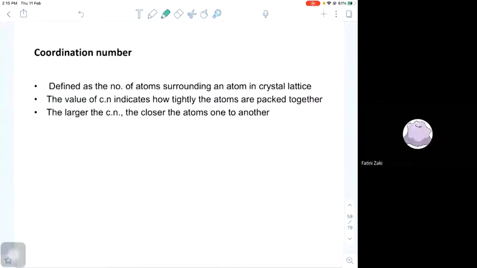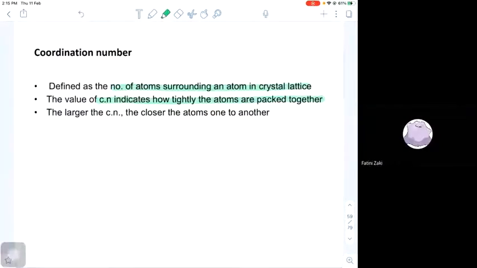Coordination number is defined as the number of atoms around one atom in the structure of the crystal. The value of the coordination number will indicate how tightly the atoms are packed together. It will tell us whether the crystal is packed or less packed.